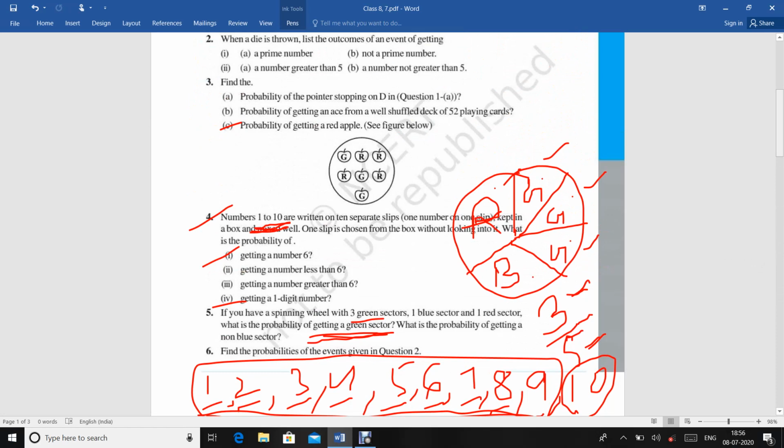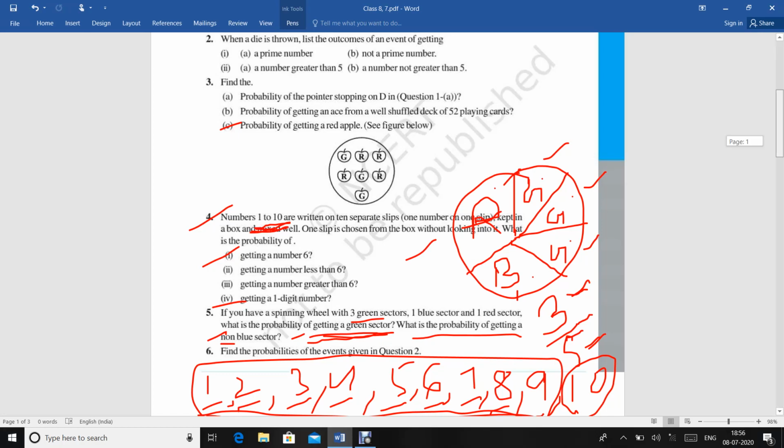The question is saying, what is the probability of getting a non-blue sector? Non-blue sector means which is not blue. Now for a non-blue sector, firstly you have to observe how many sectors are blue. As you can see, in this spinning wheel there is only one blue sector, but we have to find non-blue sectors.